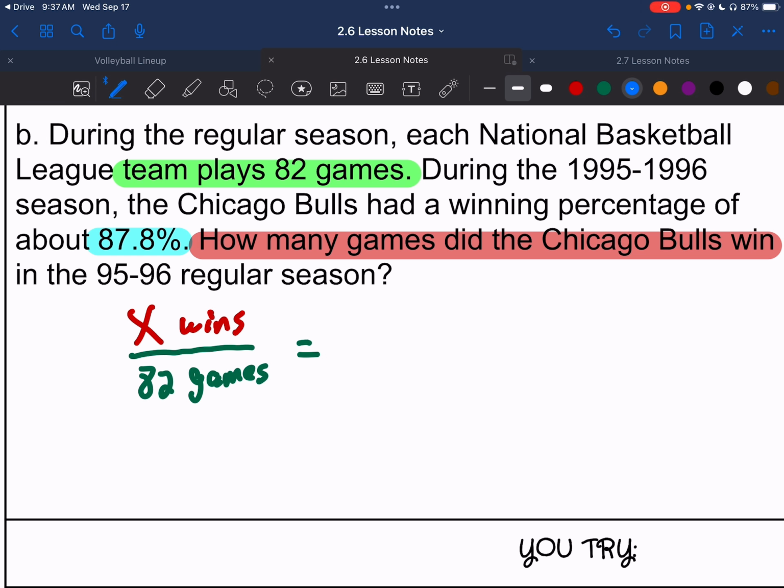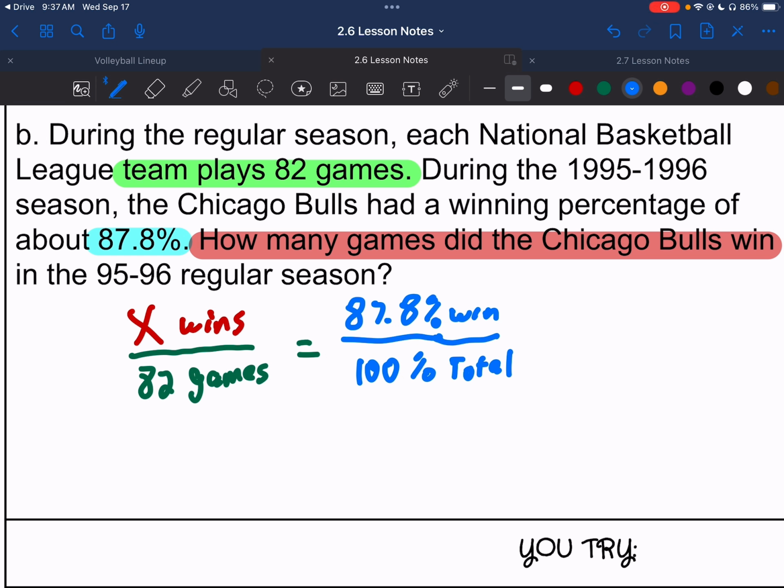Their winning percentage was 87.8%. And they played all of their games, so the denominator would be 100%. Right? 100% of their games.